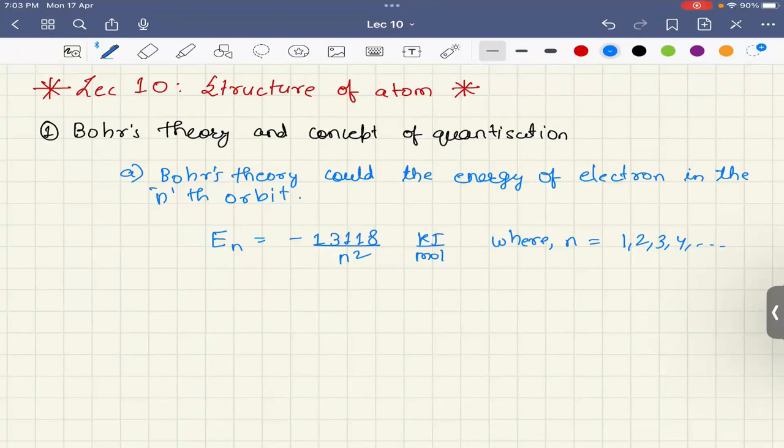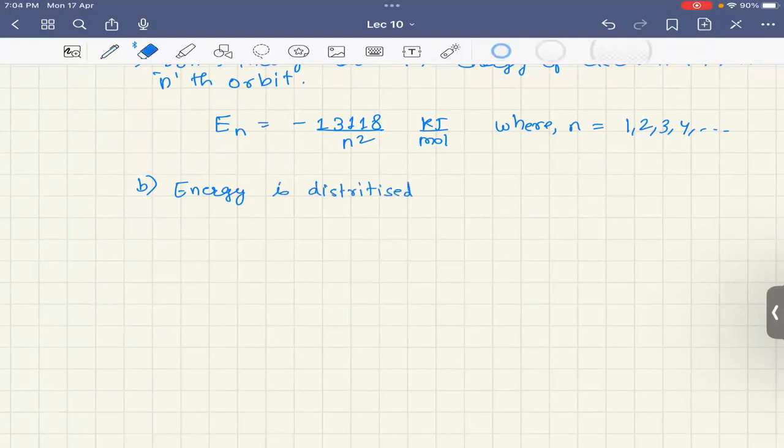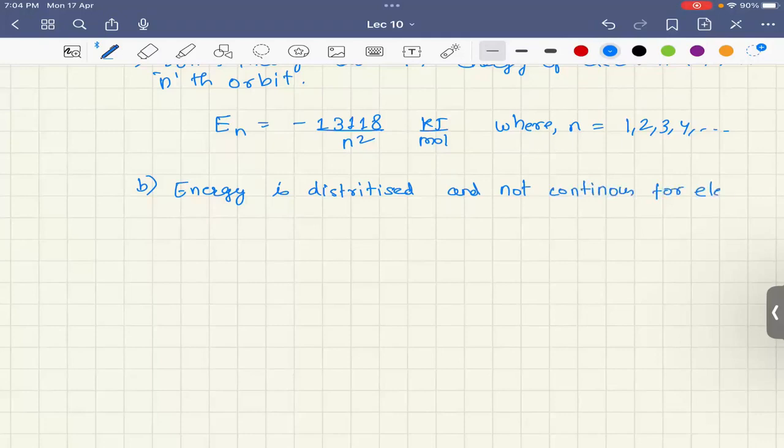So we also concluded that energy is discretized and not continuous for the electron. Thus, the electron can only take certain fixed values of energy.